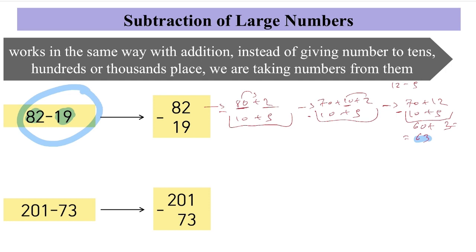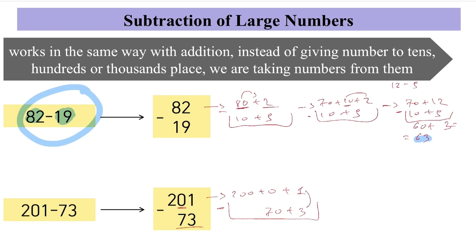Let's look at this one. 201. 200 plus its tens place is 0, units place is 1. It does not have a hundreds place, so we just write tens place and units place. So here is the minus symbol. We cannot subtract 3 from the 1.